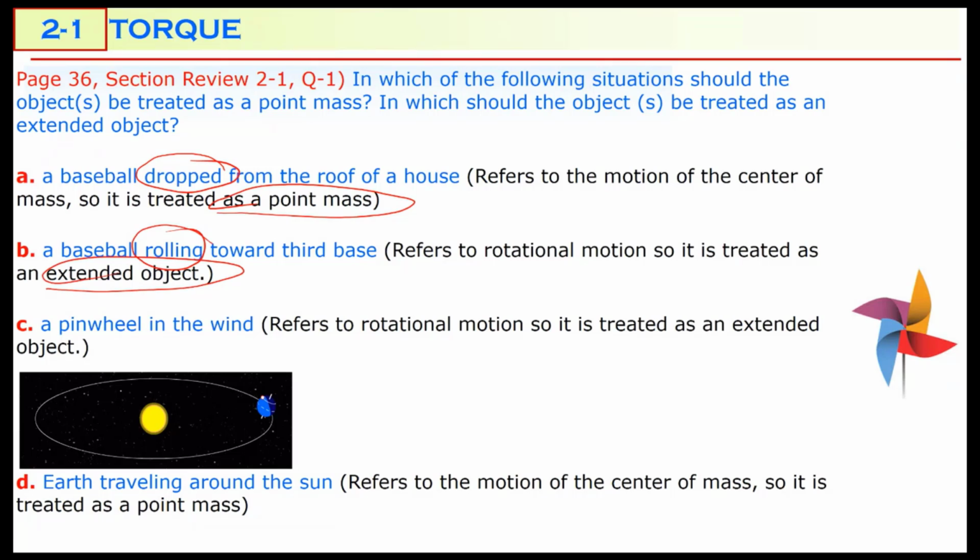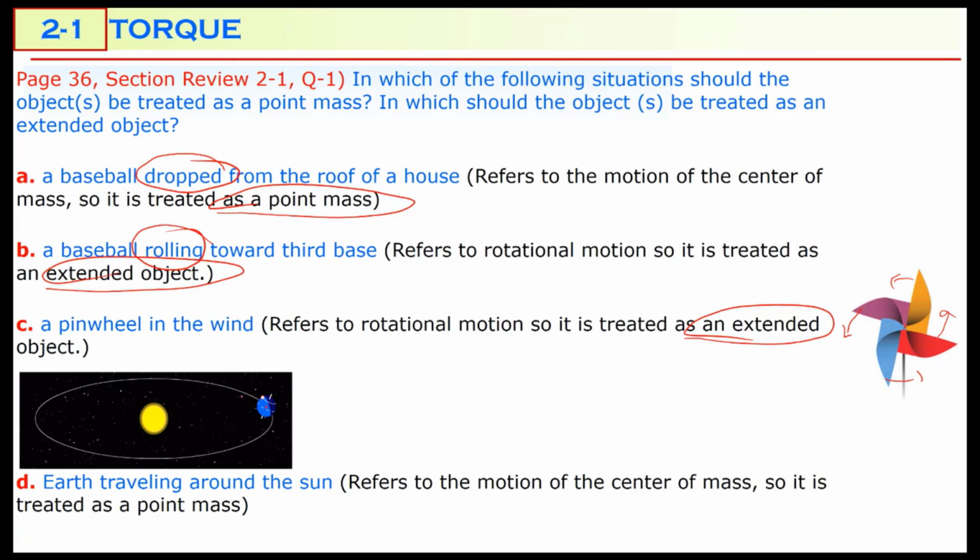C, a pinwheel in the wind. This is a pinwheel. In the wind, this pinwheel is starting to spin, starting to rotate. Which means this is also referring to rotational motion of this object. So it also must be treated as an extended object. And the last sentence: Earth traveling around the sun.